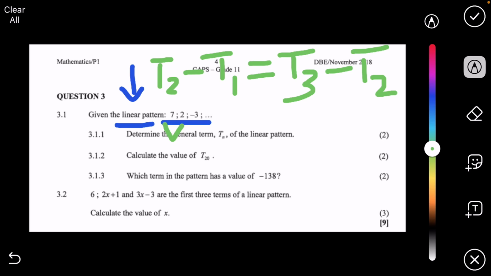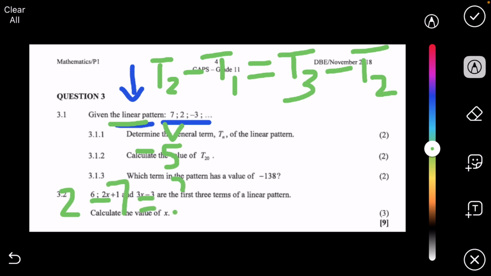So what are we doing? We're just trying to make sure that this is indeed an arithmetic sequence, or otherwise a linear pattern. What is the difference between 2 and 7? It is -5. You can just punch it on a calculator: 2 minus 7.